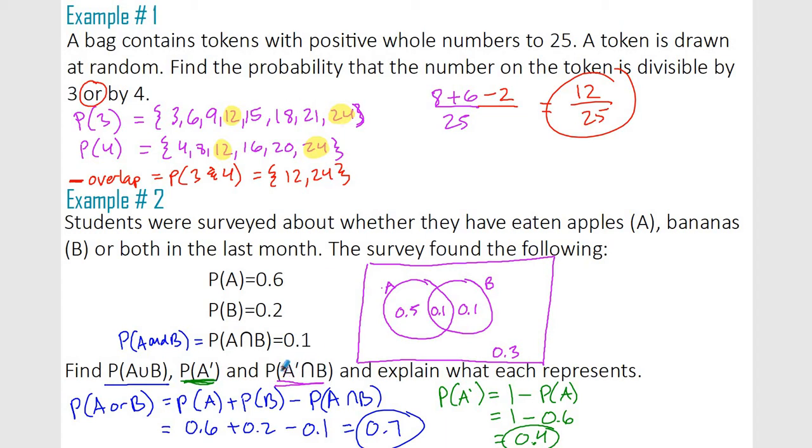Okay, so not A. So not A is everything outside of A. But it also says and B. Well, B is, I guess I should do that in a different color. B is this part.